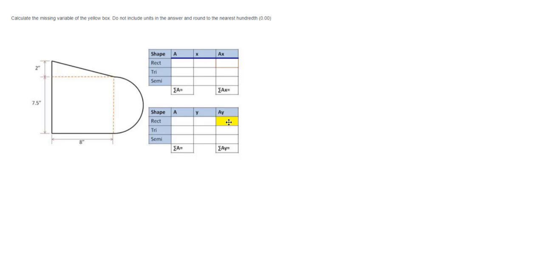So this is asking us to calculate the result of multiplying the area of the rectangle and the y location of the rectangle. Okay, so the area of the rectangle can be done simply, right? So area is 8 times 7.5, which is 60 inches squared.